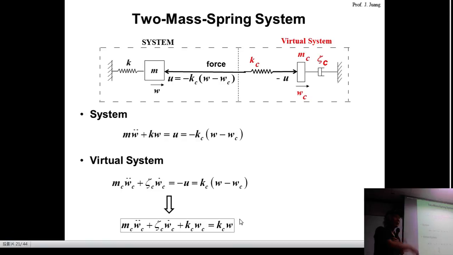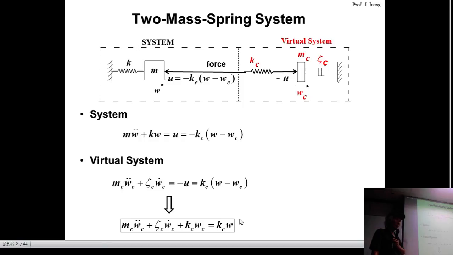We'll explain this more next week, because this really mimics the TMD. All right. We just replace the TMD by the computer and by the sensor, by the actuator. That's all.